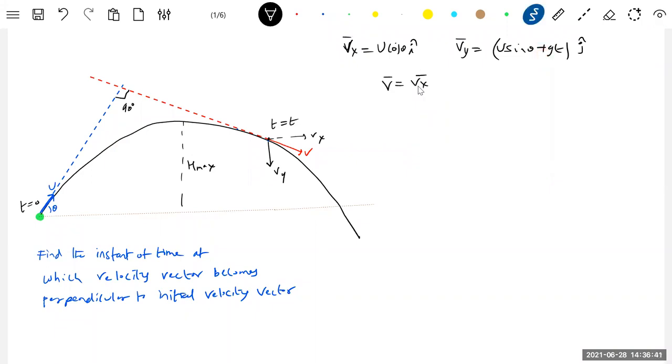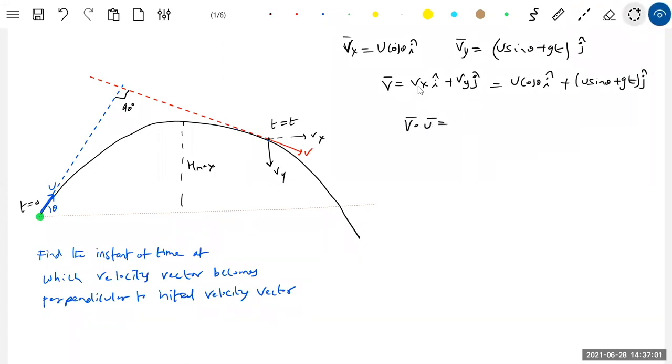V bar equal to Vx i cap plus Vy j cap. So u cos theta i cap plus Vy j cap. Then V bar dot u bar, because there is a condition given. So why are you taking dot product equal to 0? Because when two vectors are perpendicular, dot product must be 0.